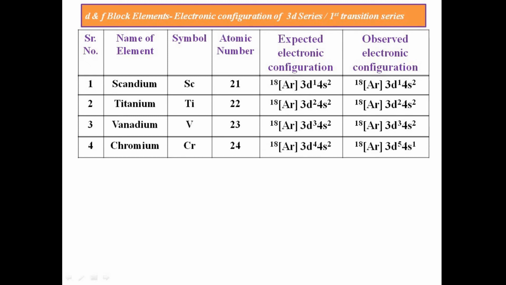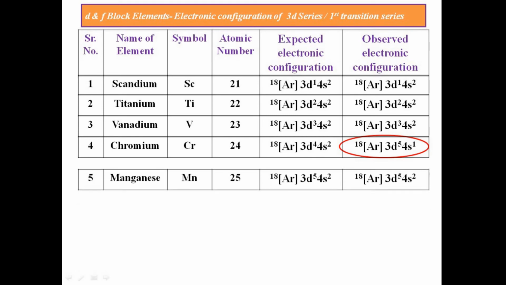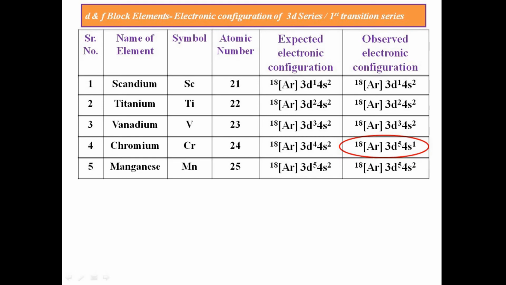Then the fourth element, chromium, symbol Cr, atomic number 24, expected electronic configuration [Ar] 3d4 4s2, observed electronic configuration [Ar] 3d5 4s1. Here the expected and observed electronic configurations are different. Why this is happening, we will discuss later.